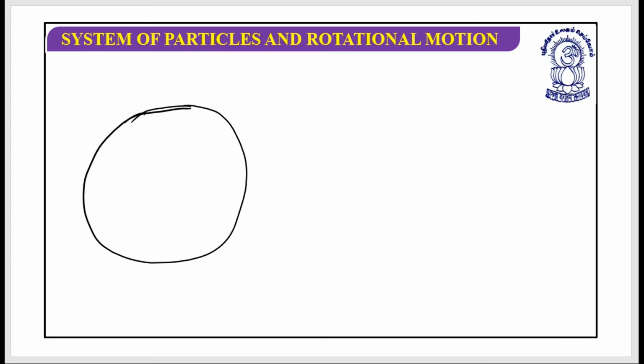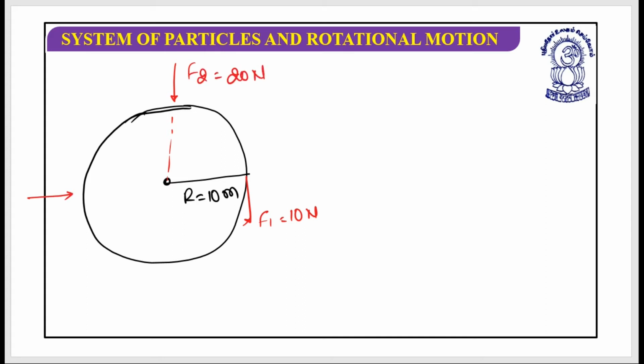Let's say a circular wheel is there and this is the center. This radius is 10 meter. One of the forces is acting over here, this F1, 10 Newton. One of the forces is acting over here, like this, F2 equals 20 Newton. One of the forces is acting over here, this is F3, which equals 20 Newton.